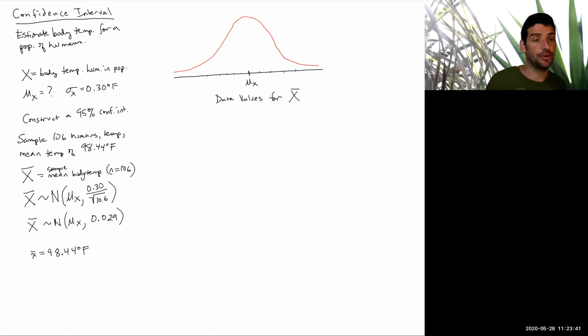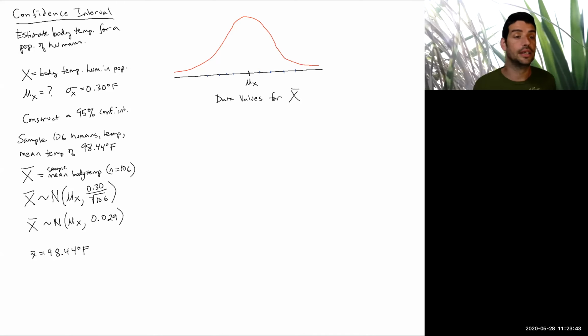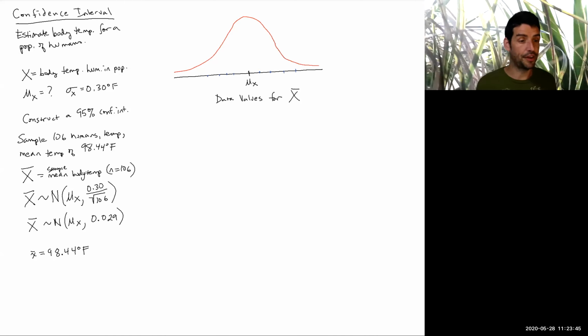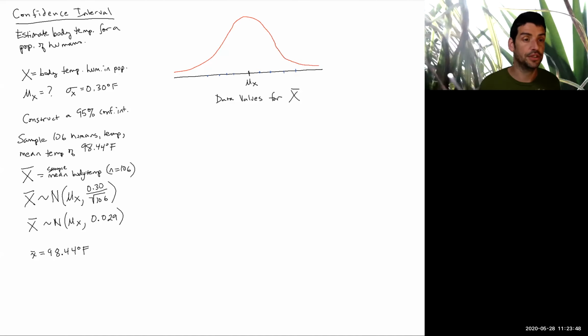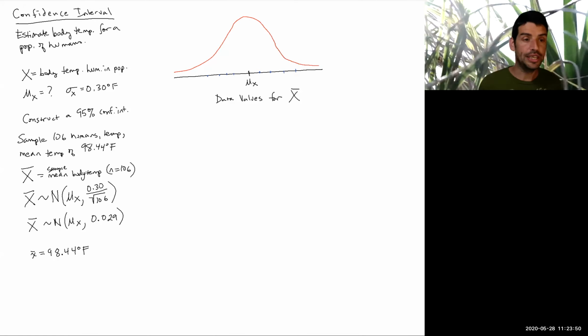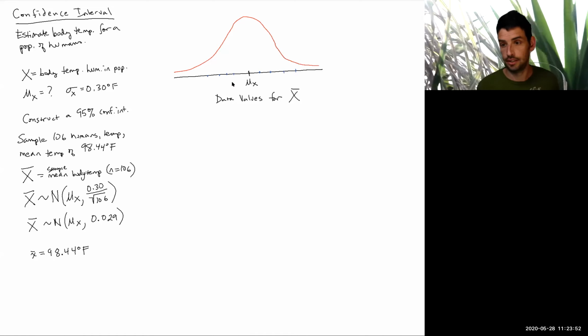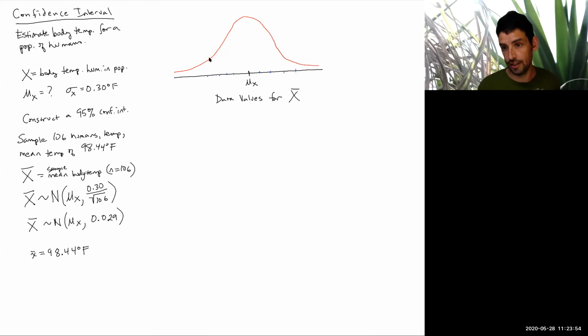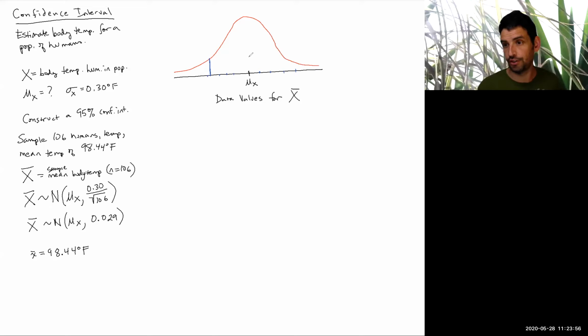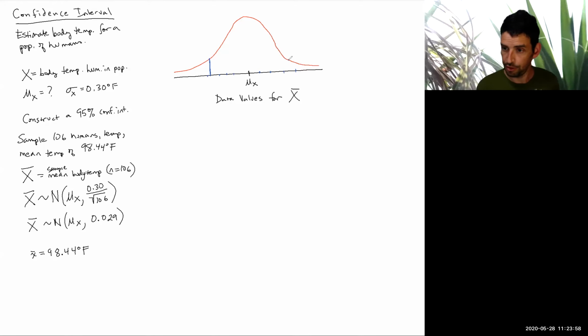Here's what we do know, and here's where the 95% confidence interval comes in. What we're going to try to find are two values. My picture's not great here.